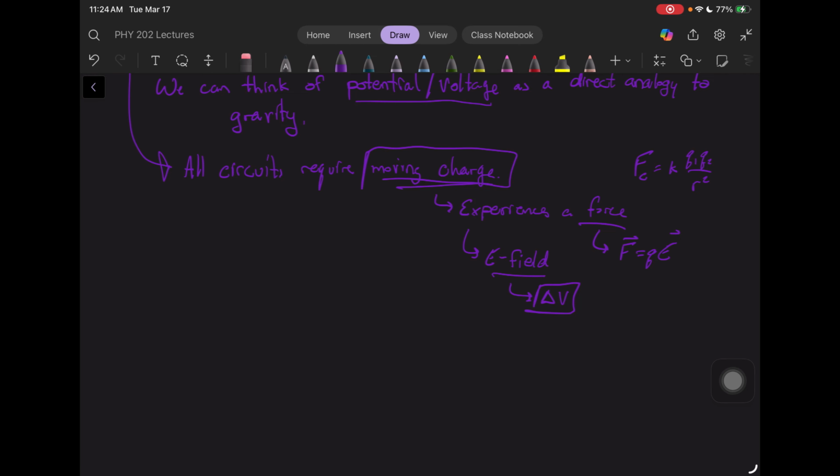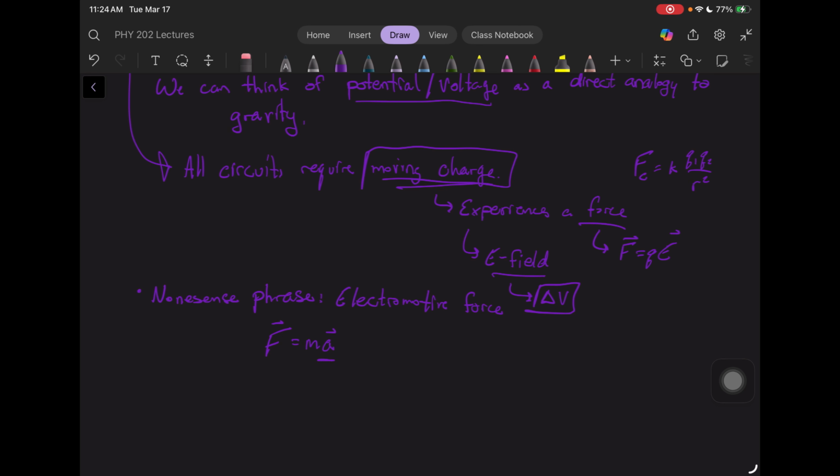Okay. And so we have this delta V, although the old-timey scientists came up with a nonsense phrase, which was electromotive force. It's because they saw that if charges have to move, we all know F equals ma.